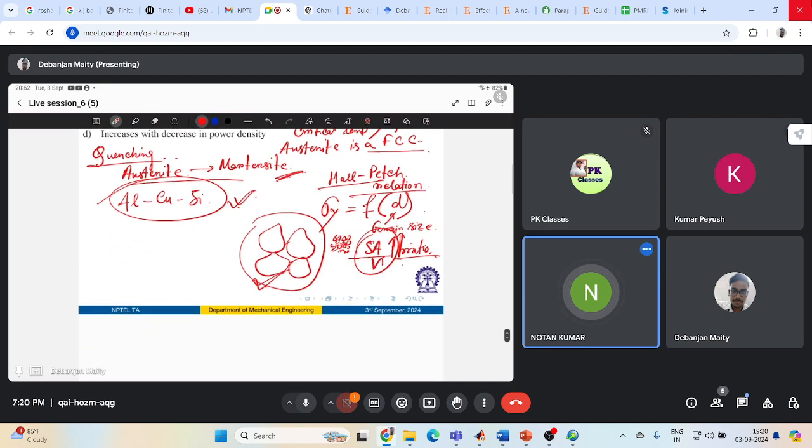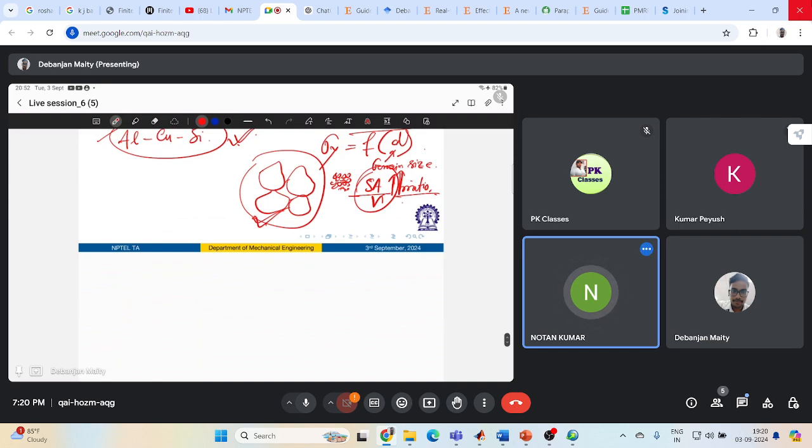The first one is refinement of precipitate. Second is recrystallization and grain growth. Third is dissolution of precipitates. And fourth is formation of hard phases. Formation of hard phases, the last one. Yes.